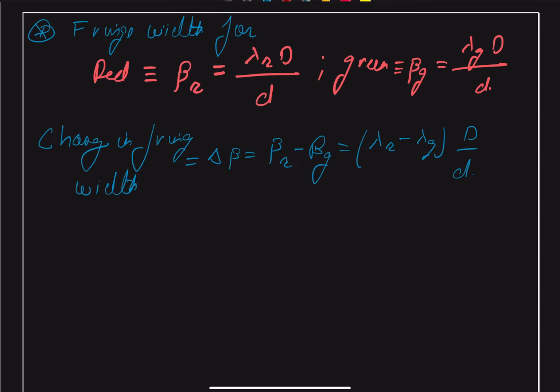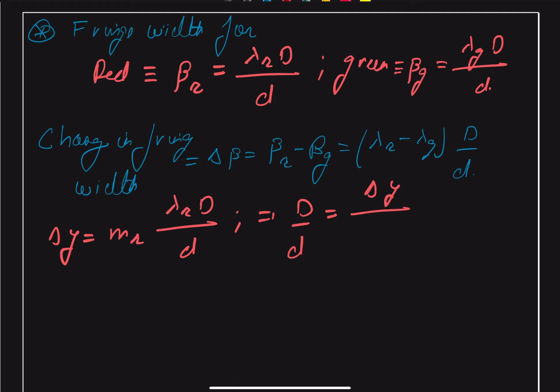But we also know that our delta y is equal to m_R lambda_R D upon small d. So from here we can write our capital D upon small d will be equal to delta y upon m_R lambda_R.